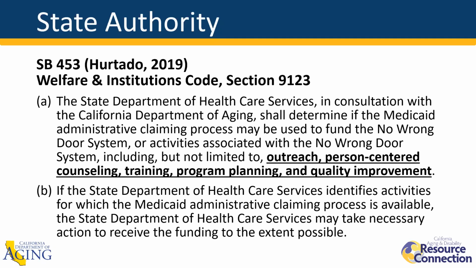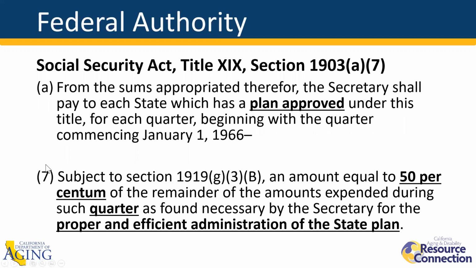So under letter A, it lists out examples of no wrong door activities that may be eligible for MAC, including outreach, person-centered options counseling, training, program planning, and quality improvement. And then under letter B, it gives DHCS the authority to take necessary action to receive funding through MAC if it's determined that those activities are claimable. So that was the state authority.